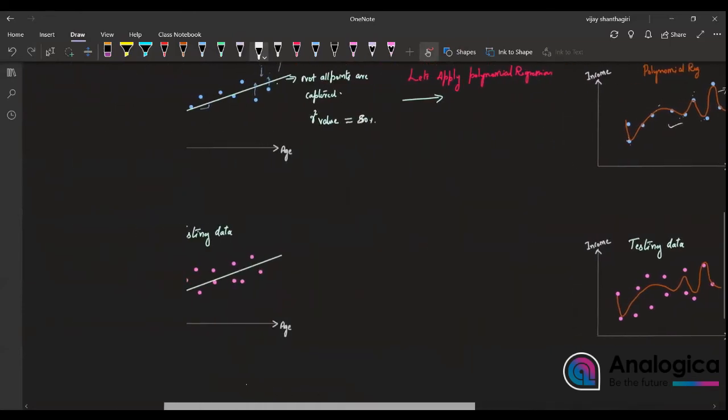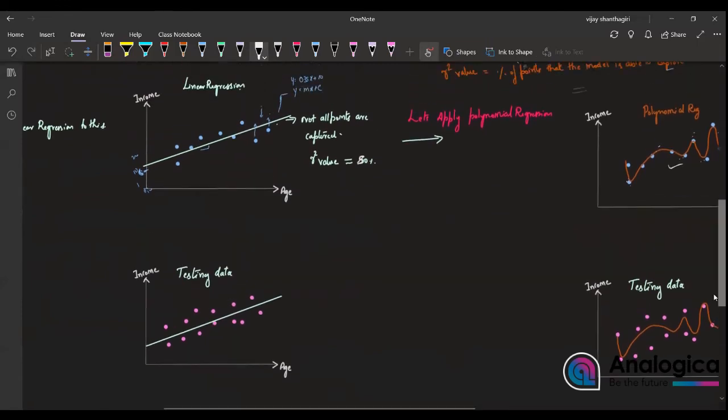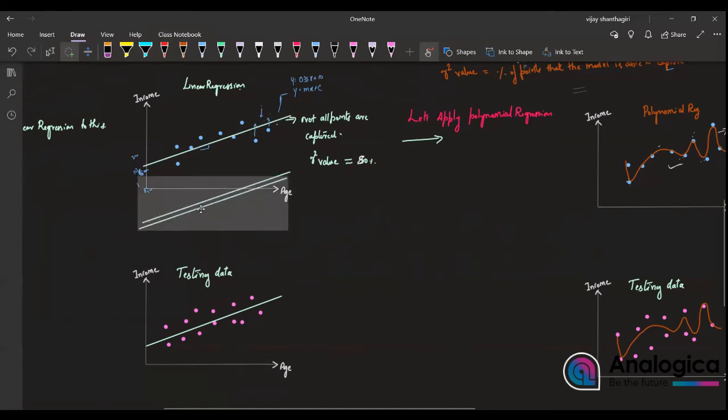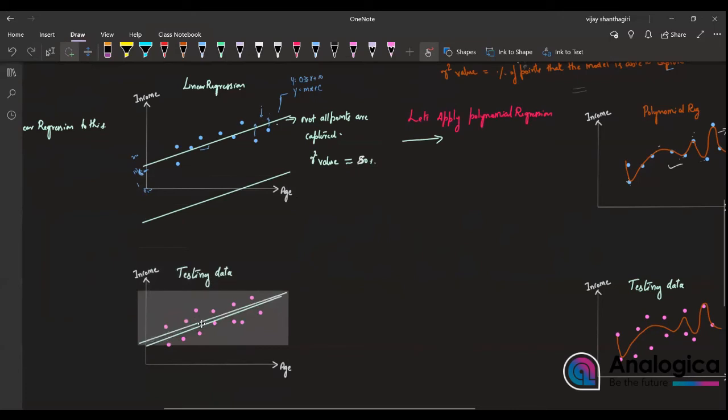Let's go and look at what happened with the linear regression. If this is the line that we're talking about, and this is your model on your training data, the model on your testing data is still consistent. This is the same model. Let's copy, paste, and bring this model here. And the other model is gone. Look at this.